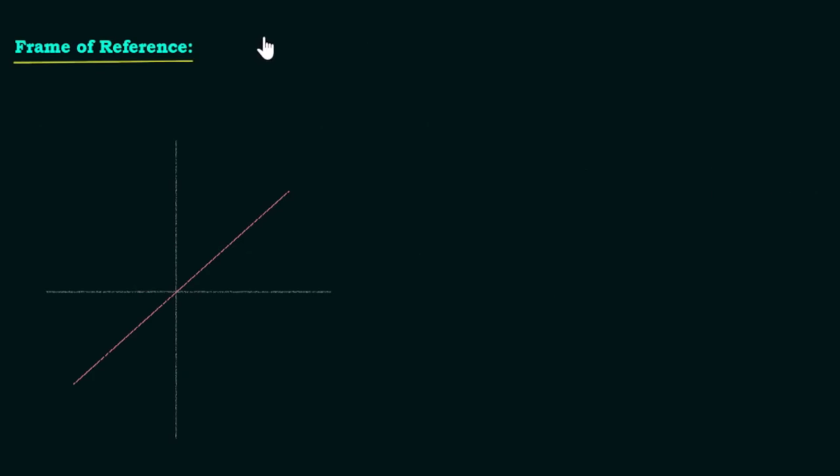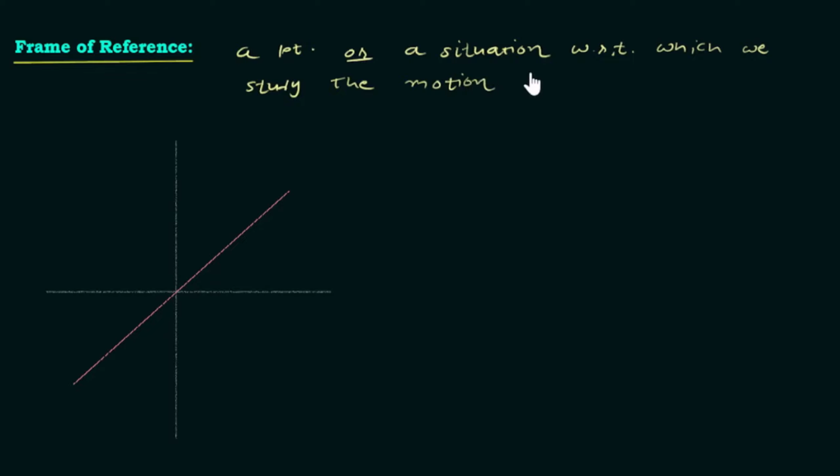Before starting this chapter we should know what a frame of reference is. A frame of reference is basically a point or a situation with respect to which we study the motion of an object. This point or situation is generally known as the frame of reference.